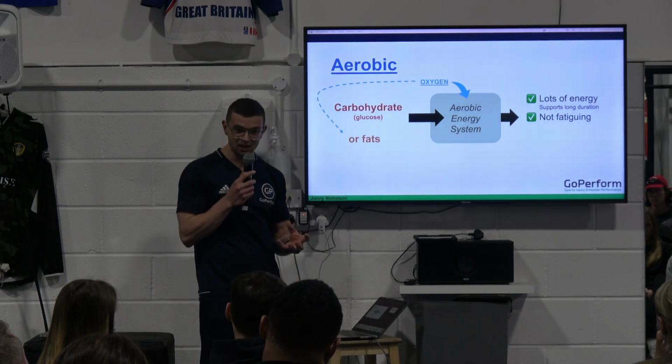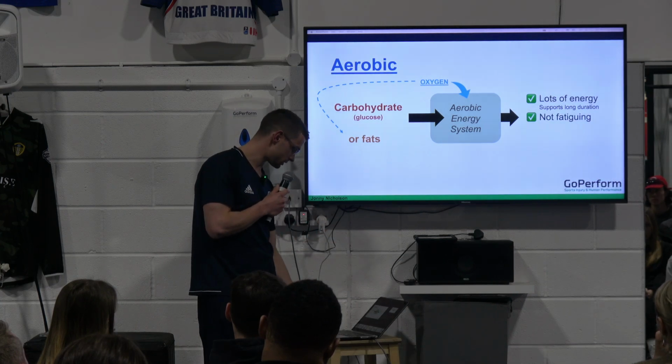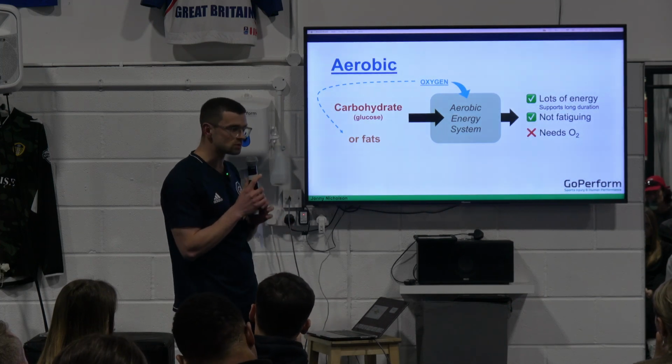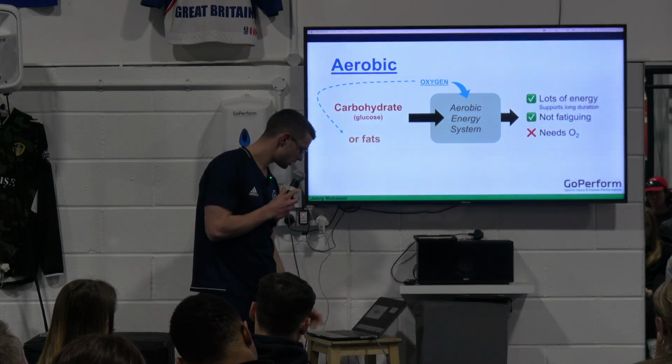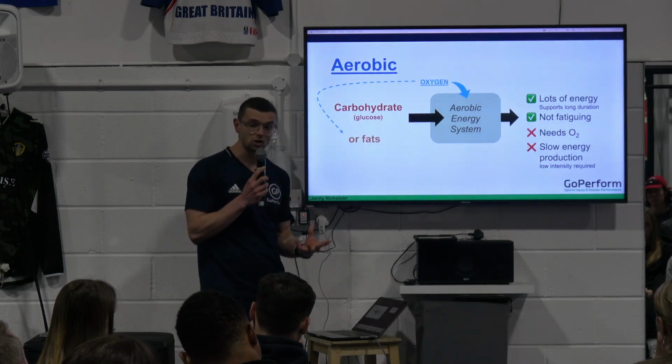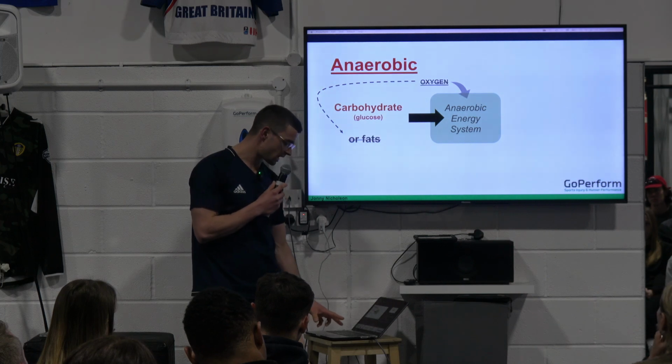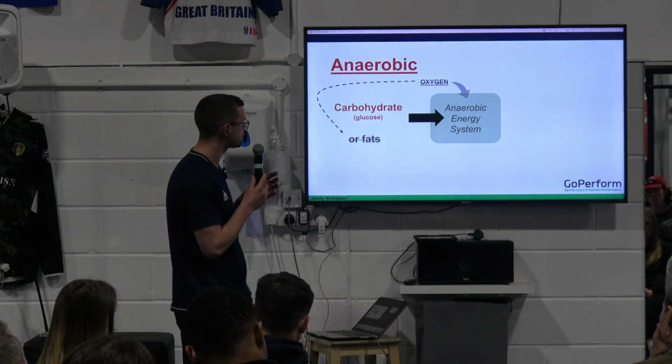It doesn't fatigue us, so that's partly what's good about this system, but it needs oxygen. So for you to use this system to its full potential, you need a lot of oxygen. But it's also quite slow. It's slow at producing energy, which is why you can only use this system when you're exercising at a low intensity.